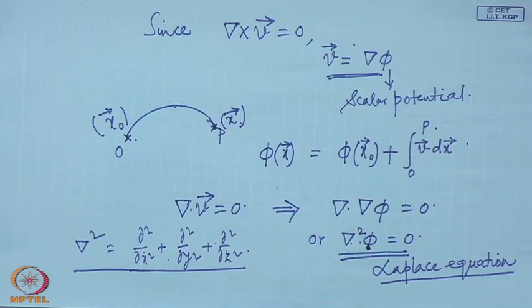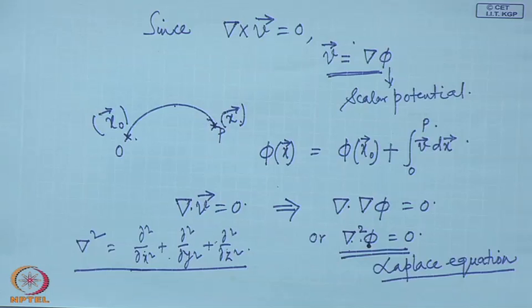and there are many functions which satisfy this equation. As an example, you can try 1 by r, 1 by r square, 1 by r cube and so on, all of them satisfy this, any of these functions. So, you do not know which is our solution.